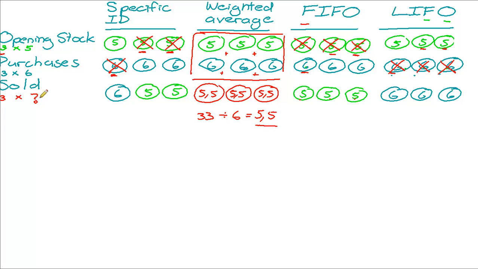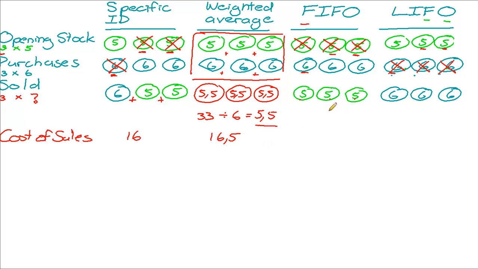Now this is for the cost of sales. Alright, so just to calculate our cost of sales under the 3 methods, if we calculate that quickly, we're going to get a cost of sales figure of, under the specific identification, 6 plus 5 plus 5, which is 16. Under weighted average, 3 times 5.5, which is 16.5.